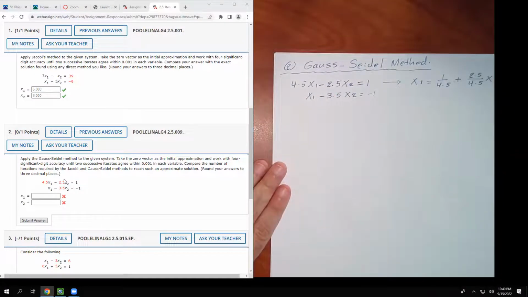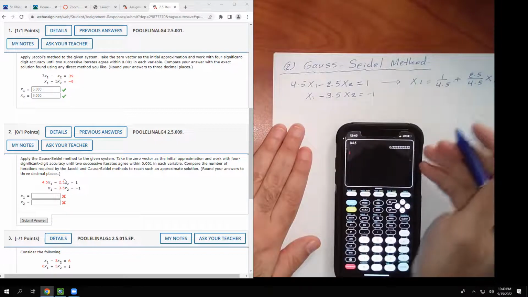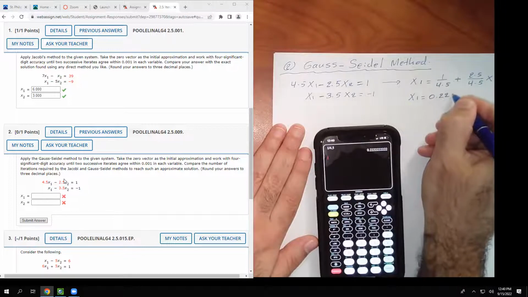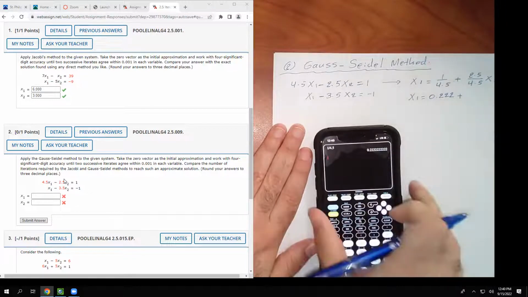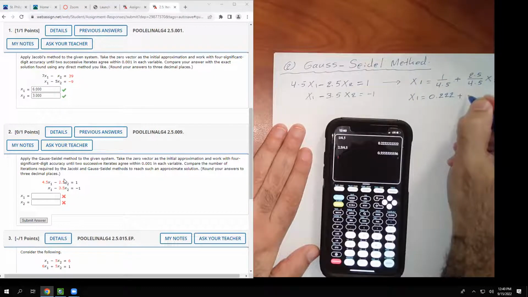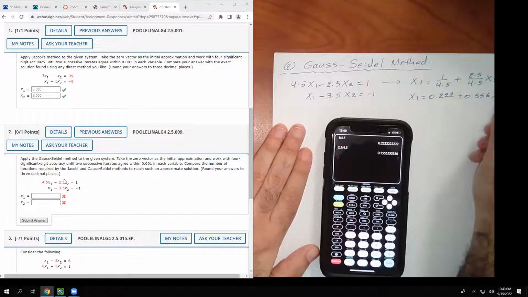Let's simplify this one. 1 divided by 4.5 is 0.222, so x1 equals 0.222 plus, 2.5 divided by 4.5 is 0.556, so 0.556 x2. So this is the first equation I'm going to use.